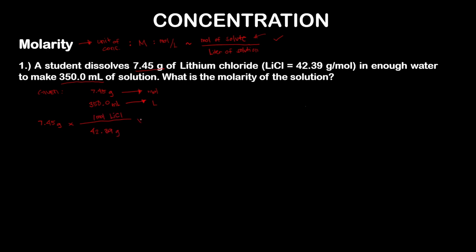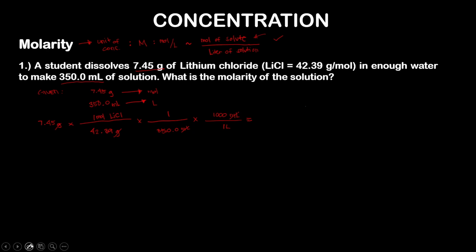Okay, so we got the mole, and now we want the liters, but we have 350 ml. So we want to convert it to liters. So 1000 ml is 1 liter.